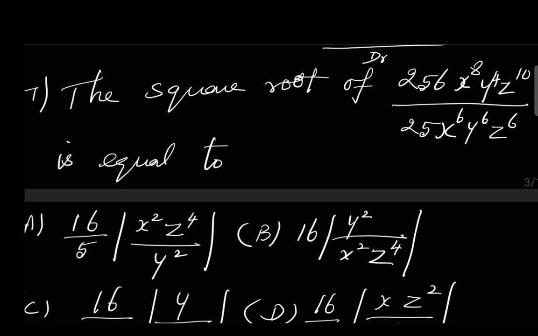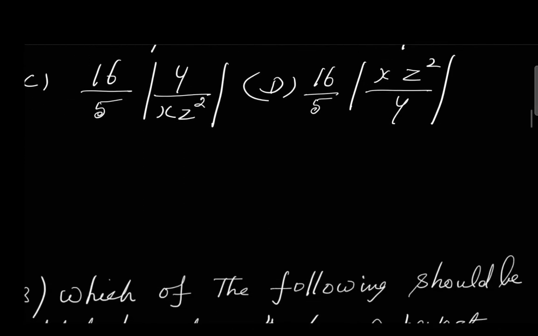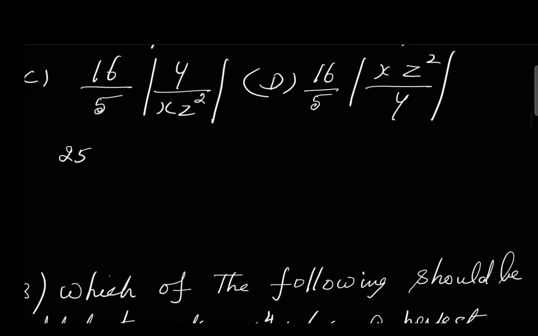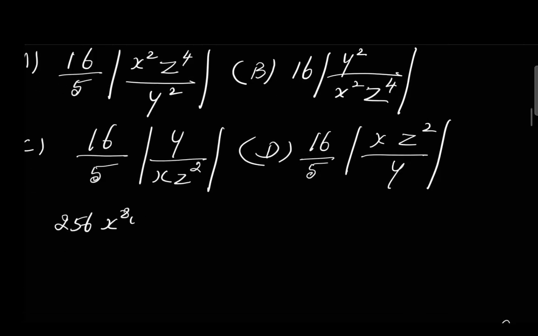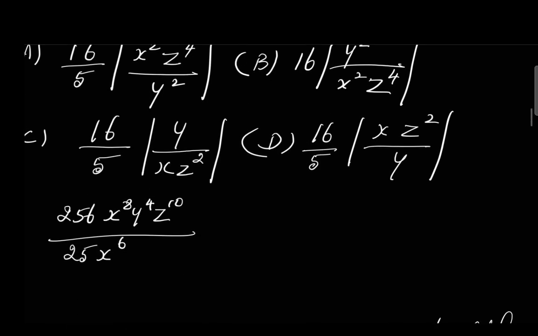See the next question. The square root of 256 x power 8 y power 4 z power 10 divided by 25 x power 6 y power 6 z power 6. You write them separately. You have to find the square root of this. So what is the square root of this? 256, 16.